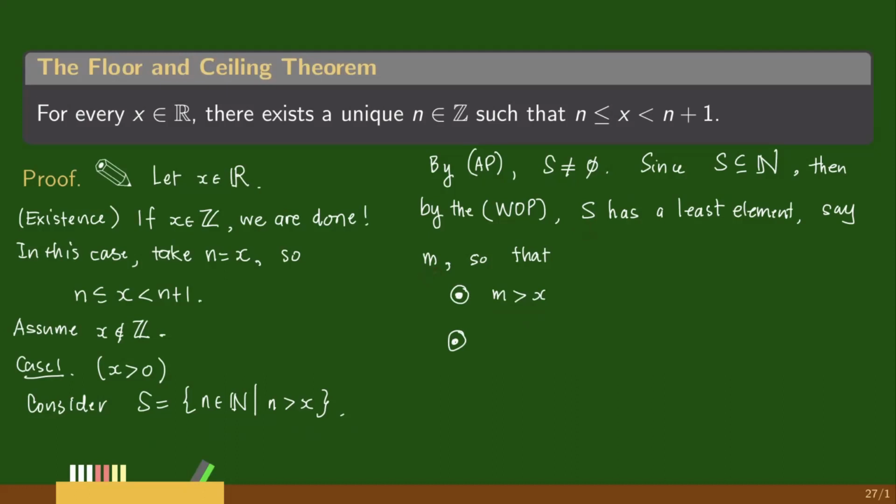Now, ano namang sinasabi that M is the least one to be in S? Ibig sabihin nun, pag nag-subtract pa ako ng isa, wala na yan sa S. Do you agree? Siyempre, M is the least integer to be in S. So if I subtract 1, wala ka na kay S. Kapag yung integer na yan ay wala na sa S, ibig sabihin hindi nyo nasasatisfy yung property na to. So that yung M minus 1 dapat less than or equal to x.